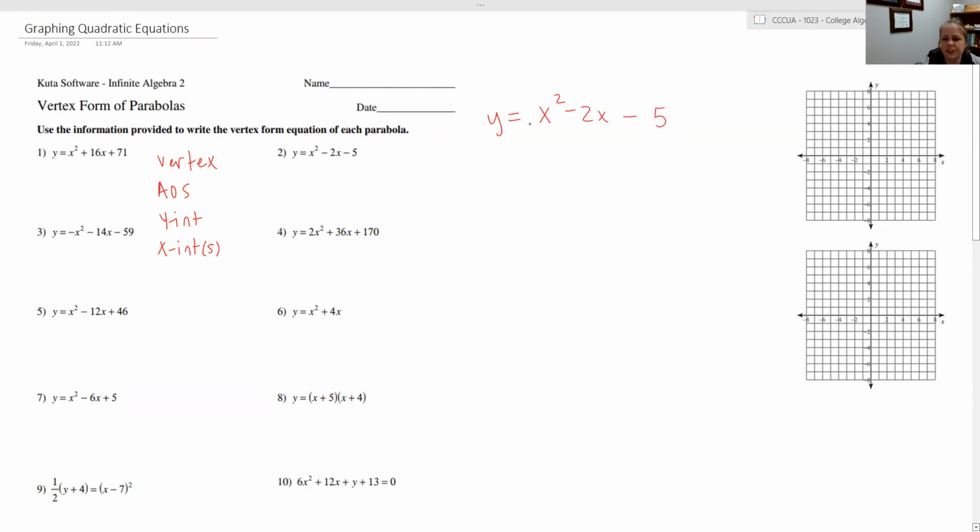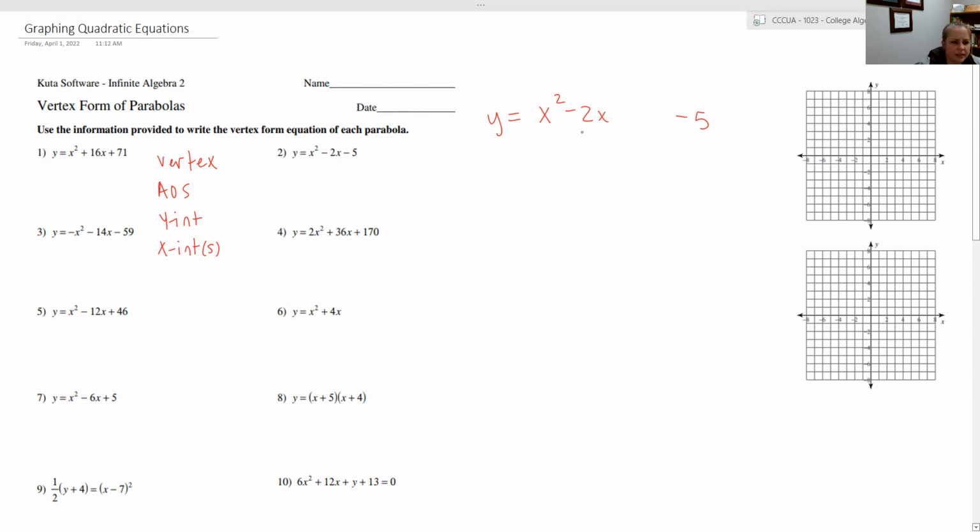So my leading coefficient is 1. Now, when we were solving quadratic equations and completing the square, we would have moved this -5 across the equal sign. But in this case, when we are getting our equation in vertex form, we're not going to move that across the equal sign. But what I am going to do is move it over, get it away from my x squared and my x term.